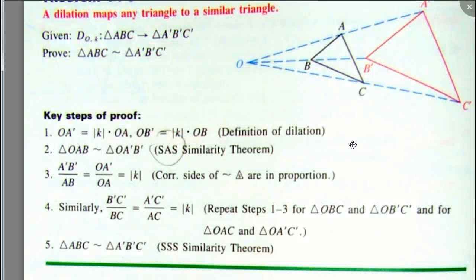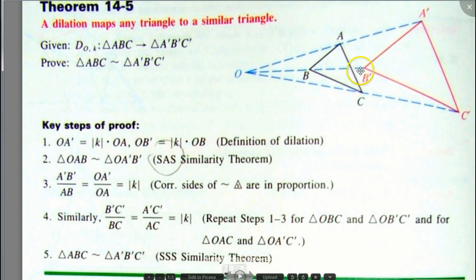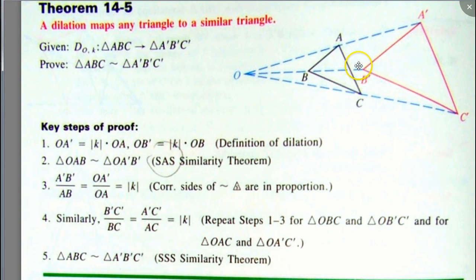So I want you to take a look at this picture again. The second corollary has to do with this. I want you to look at segment AB and A prime B prime, and take a look at this OB prime. What can you tell me about this angle right here, A prime B prime O and ABO? They are the same, right?